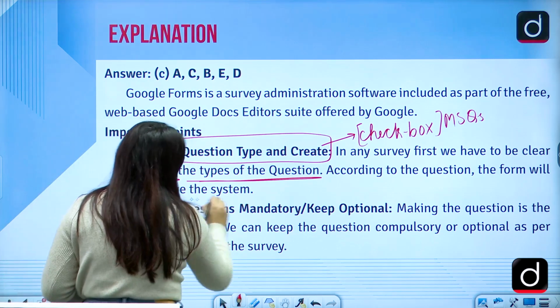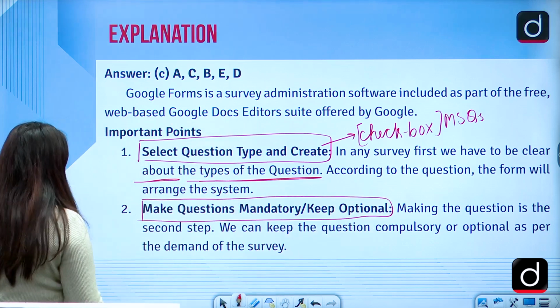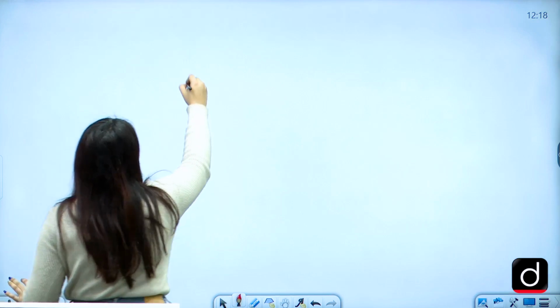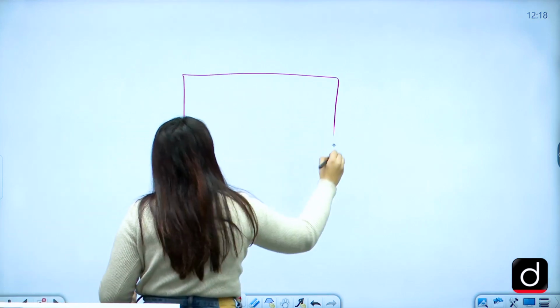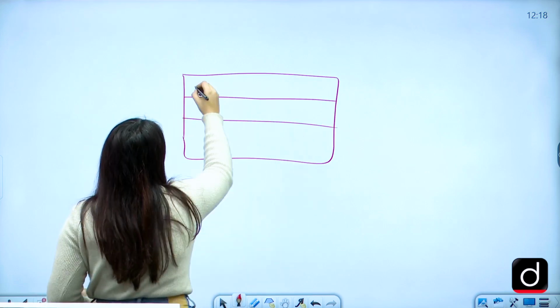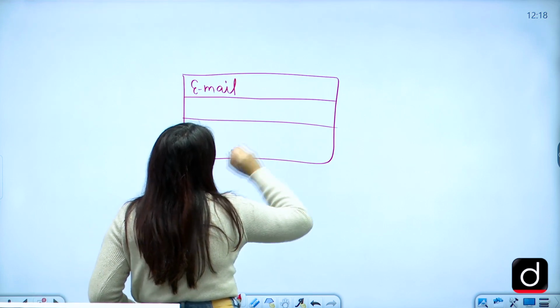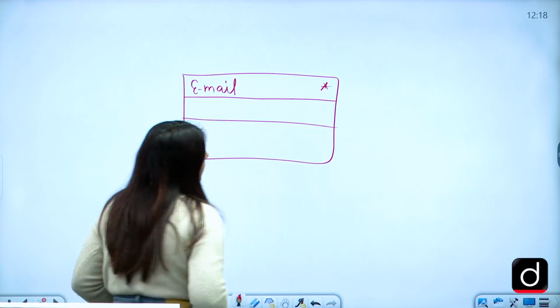The second step is to make questions mandatory or keep them optional. One thing which comes with Google Forms is that at times they will provide you with certain fields. The first field could be email, where you might see this asterisk, this star.